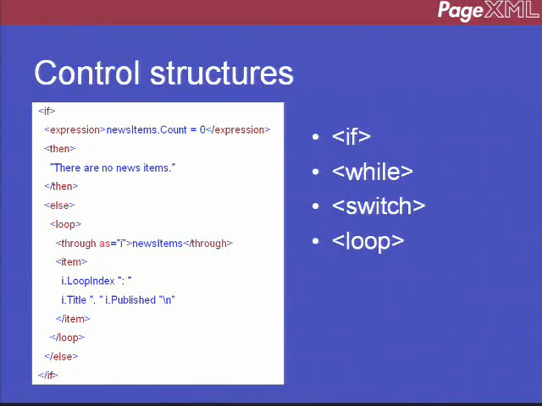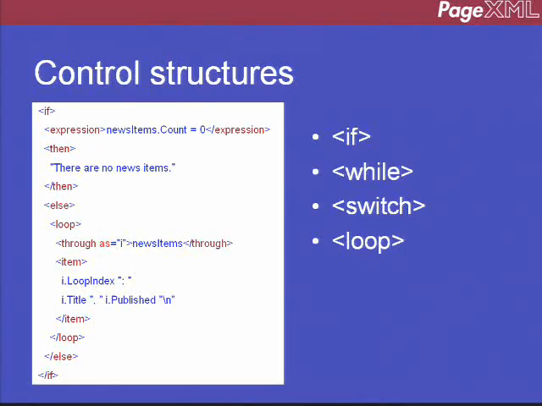Right, PageXML has simple control structures, which you've seen in any language: if, while, switch and loop. In here, when you have an expression, you don't have to use XML elements to create that. You can just put an expression in there with brackets and operators and so on.